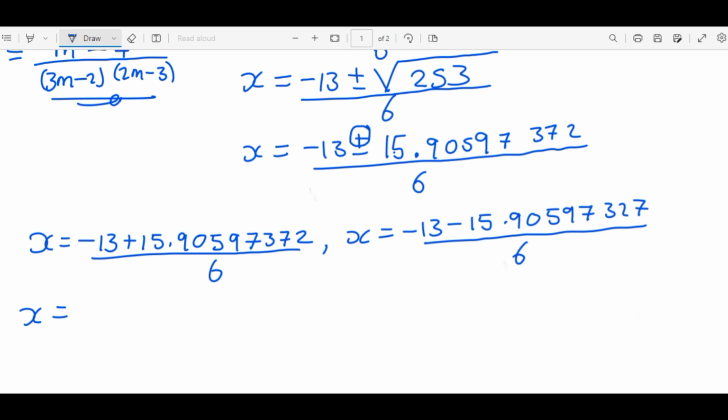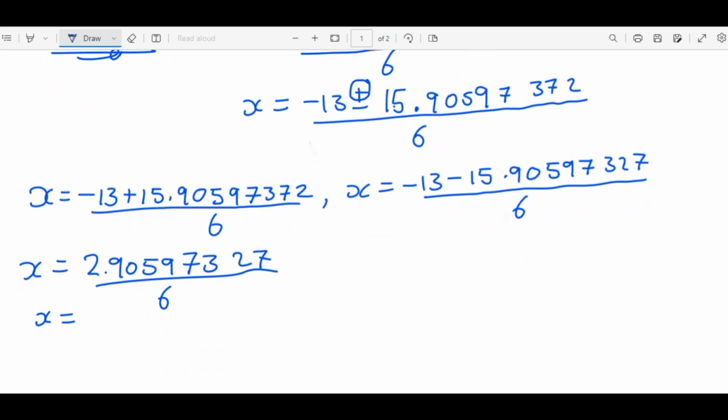So we're going to say negative 13 plus 15.90597372. I'm getting 2.90597372, then divided by 6.